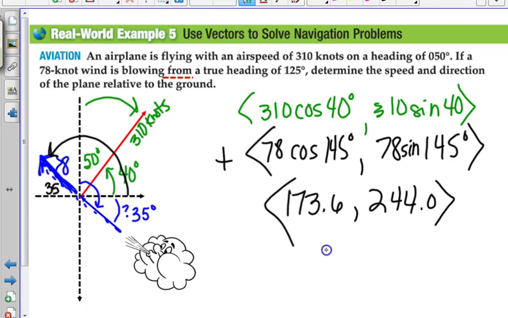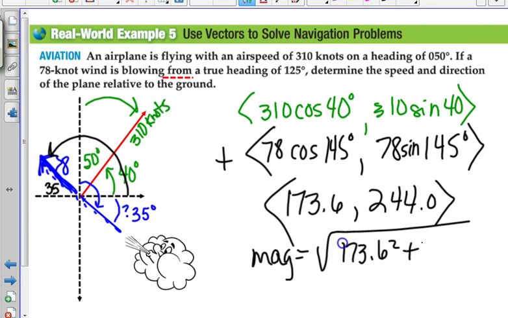Magnitude, which is Pythagorean theorem, yes? Square root of 173.6 squared plus 244 squared. I got 299.45 or almost 300. Did anybody get that?